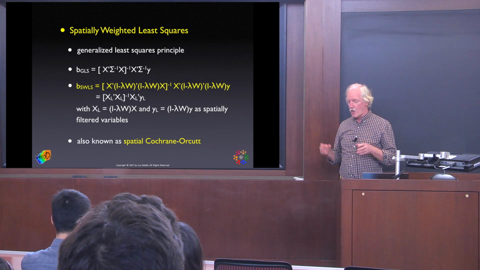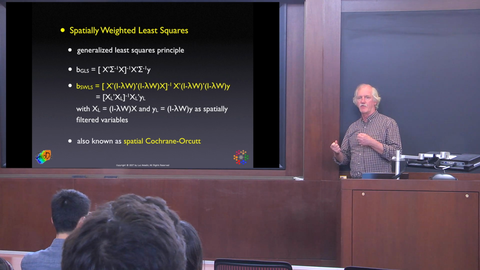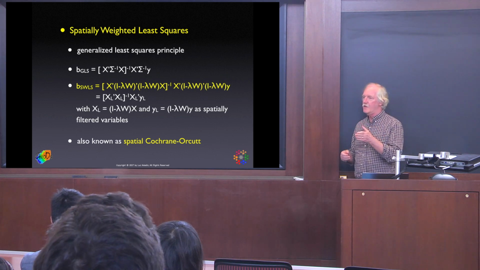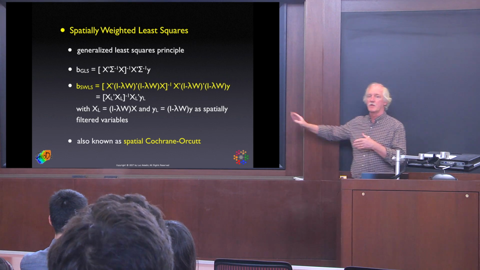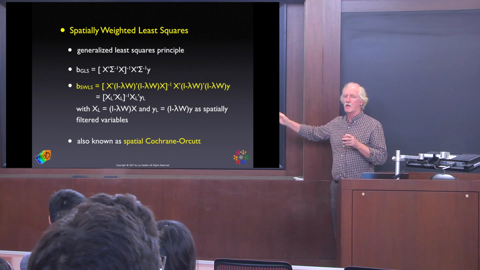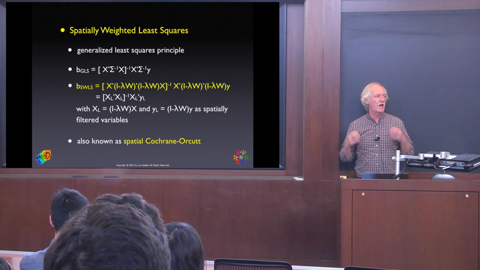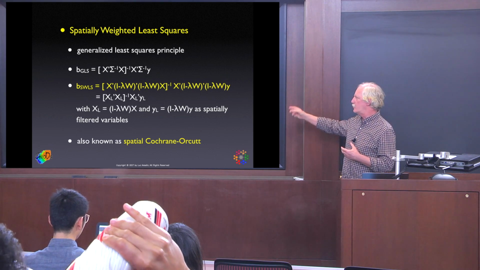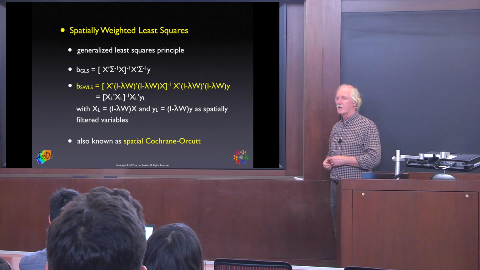Cochrane-Orcutt method also creates a filtered variable, but then in time series, right? Is the variable at t minus the coefficient times the variable at t minus 1. This is similar in spirit, but as we saw when we talked about spatially lagged variables, it's actually different because we don't have the shift in time. We need to use this notion of a spatial lag, wx or wy, right?